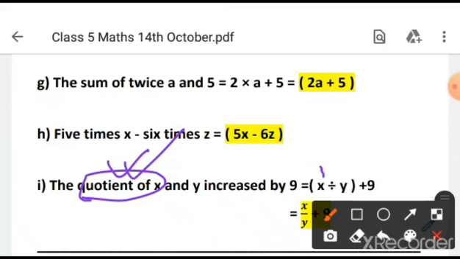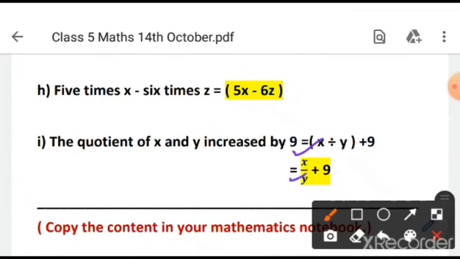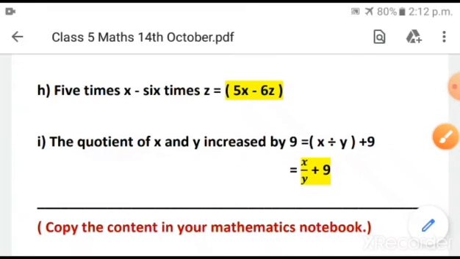So you are going to write x divided by y, and since you have the word increased also present over here, you are going to write plus 9. So the final answer is x by y plus 9.